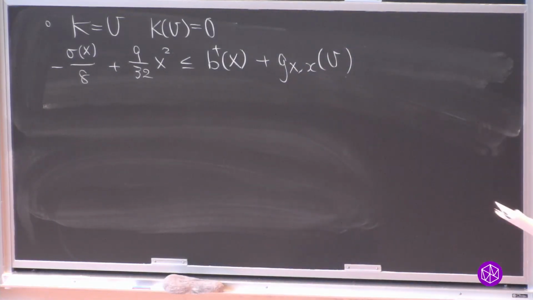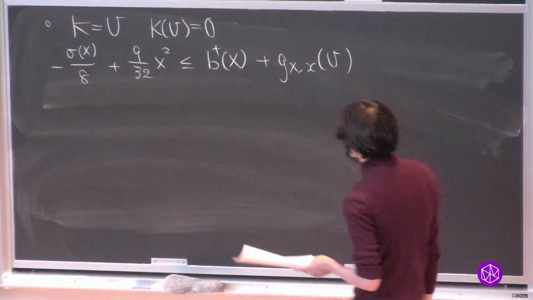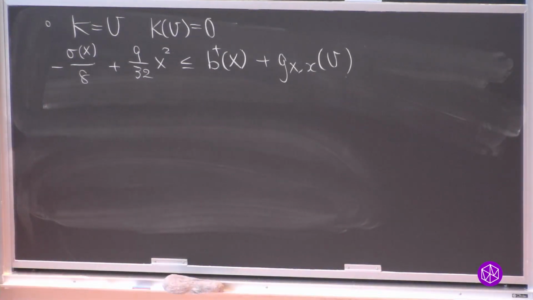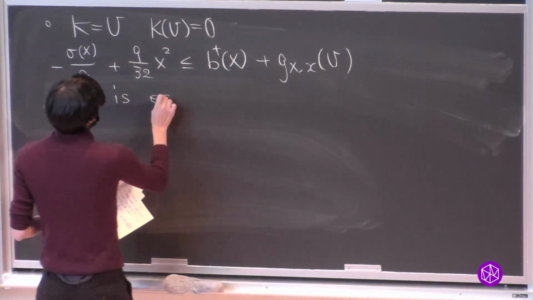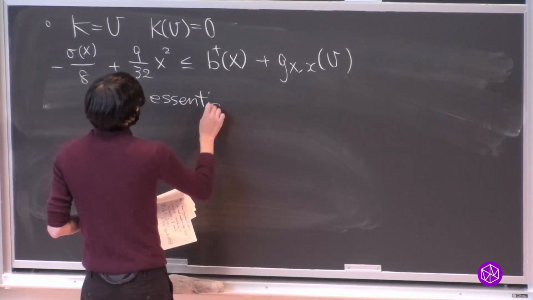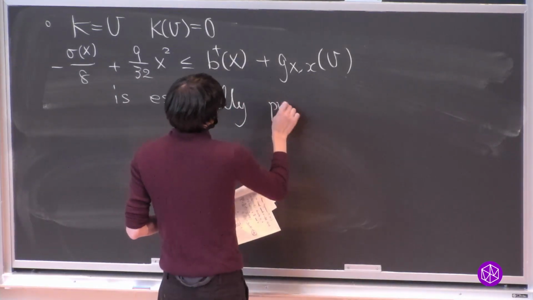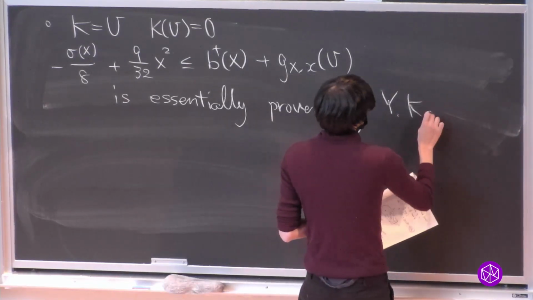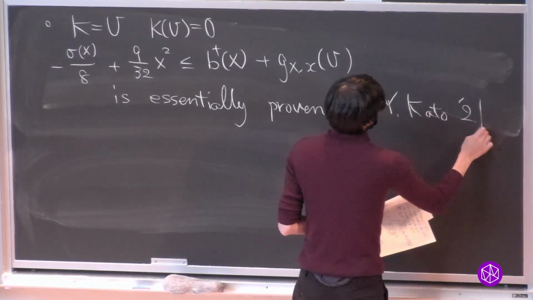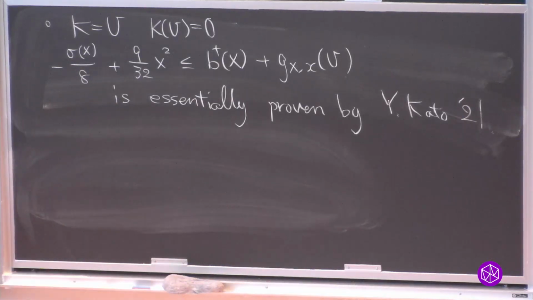So this gives a minimal genus bound for surfaces in closed four-manifolds. And let me make a remark. This is actually essentially proven by Yuya Kato recently. So our inequality can be regarded as just a relative version of Kato's inequality.